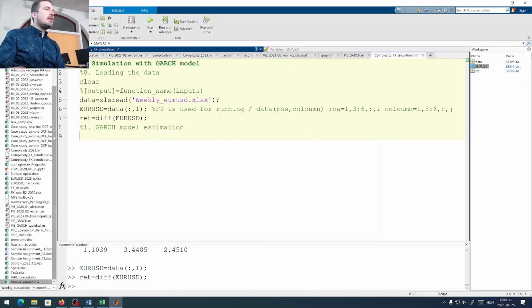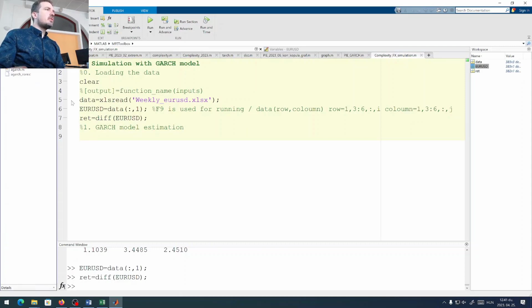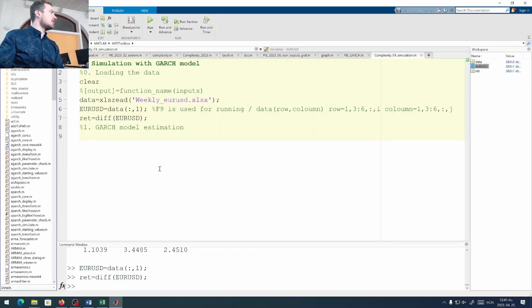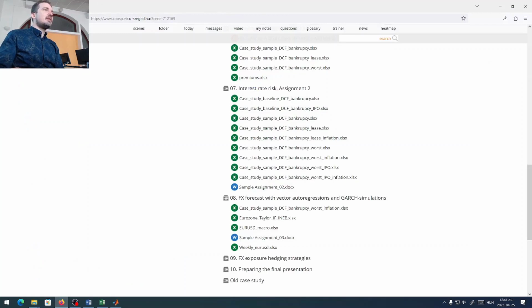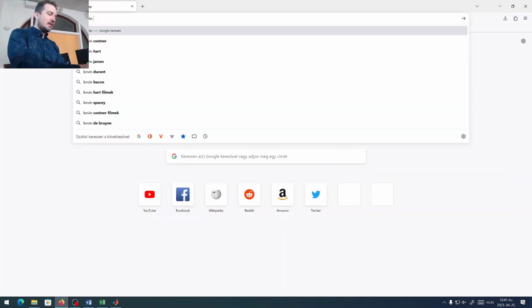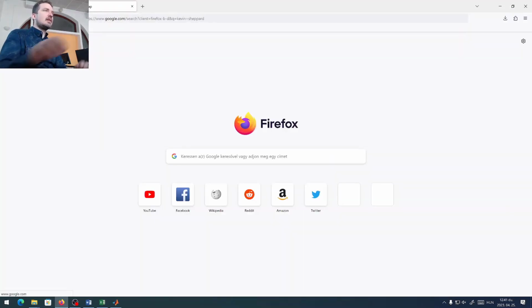So in this case we are using an external toolbox. So this is practically a folder with a lot of functions which are referring to each other, and this was developed by this guy.